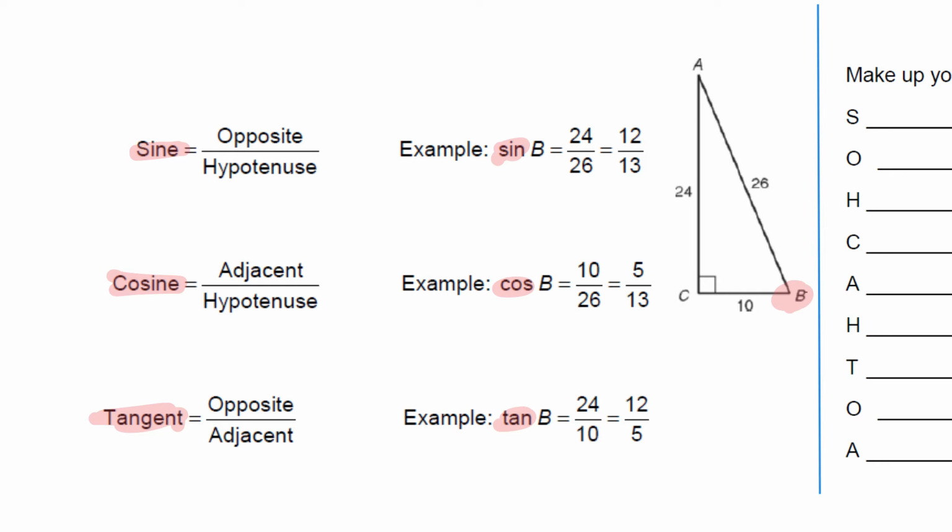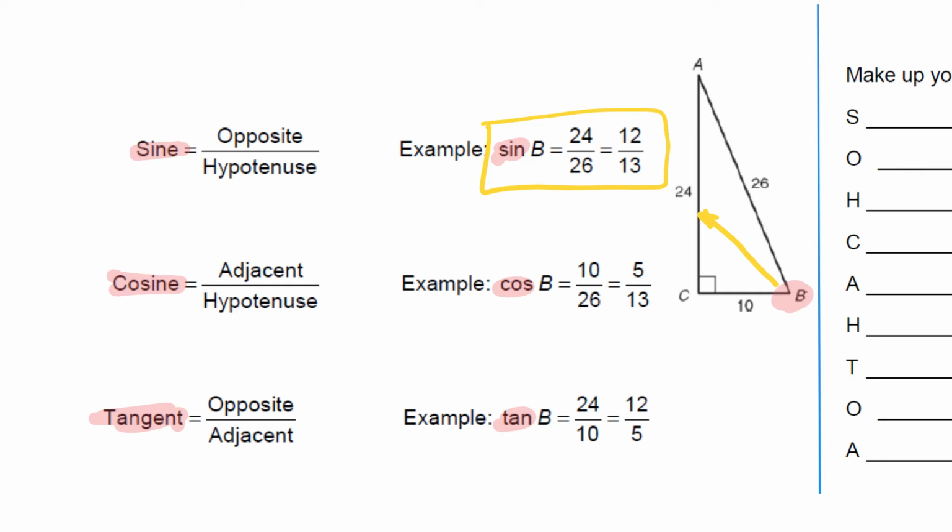Well, sine's ratio is the opposite side over the hypotenuse. The opposite of B is 24, and the hypotenuse is 26. So that's why we have our ratio for sine of B is 24 over 26. On sine and cosine, your denominator should always be bigger because your denominator is always the hypotenuse. So just think about that as you go through.